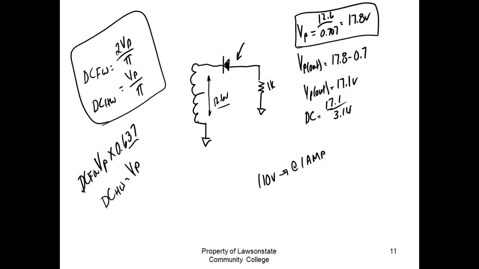Does that make sense? So instead of trying to memorize all these fractions, we could multiply by 1.414. So the book teaches that V peak would be equal to VRMS times 1.414.